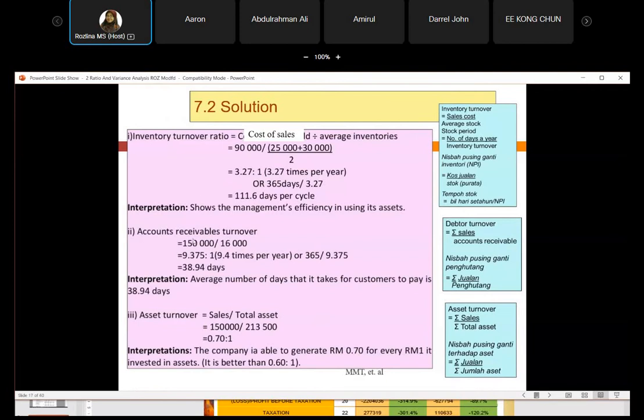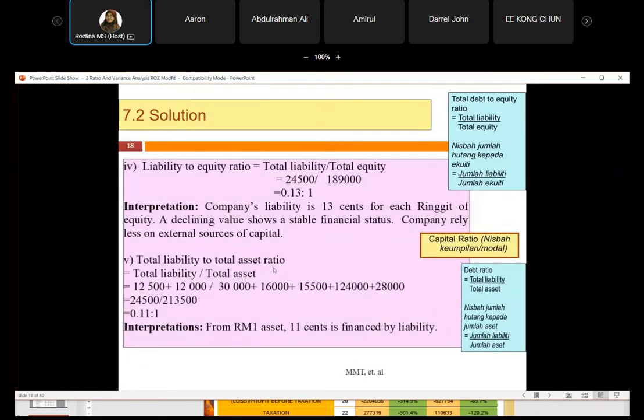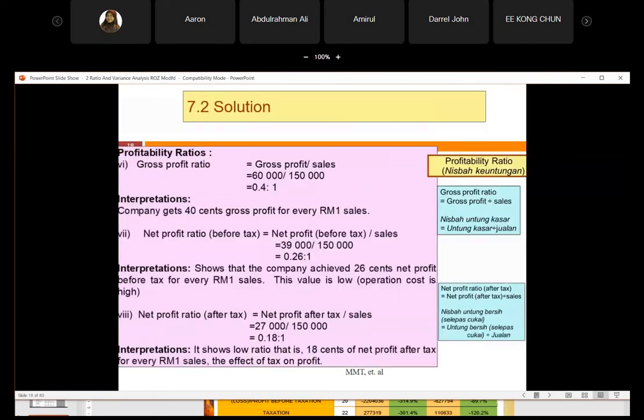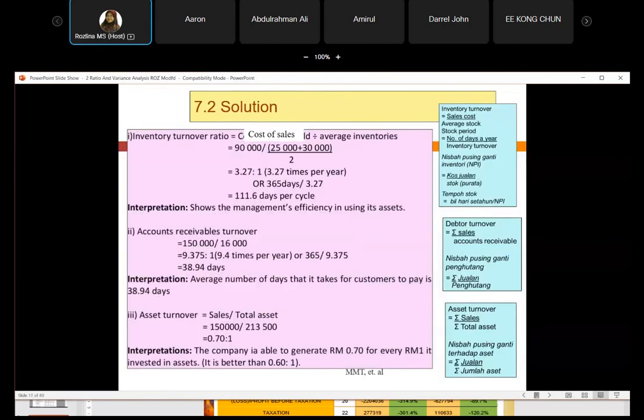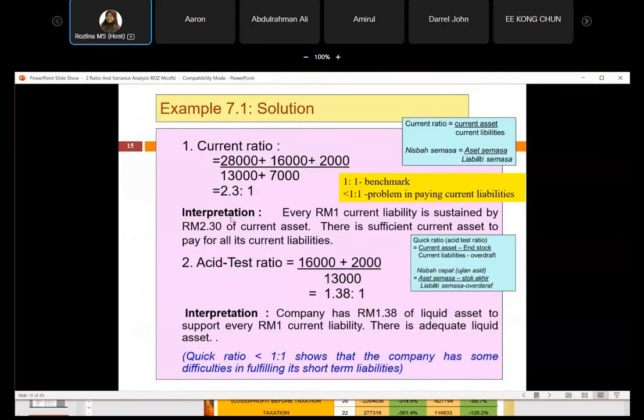This one is turnover ratio, account receivable turnover, and asset turnover. Which is the activity ratio?